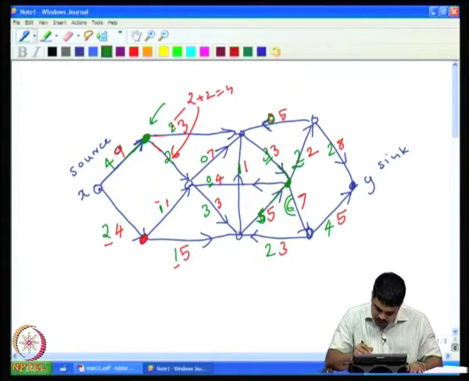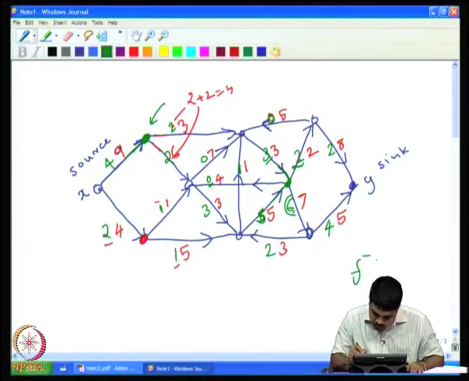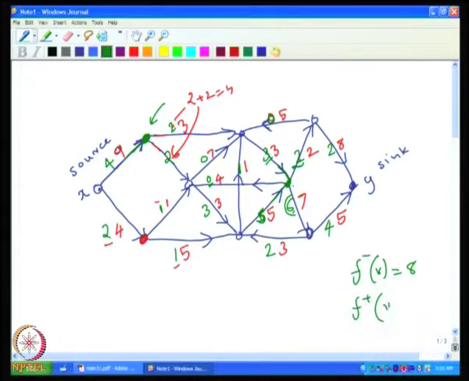So, therefore, on the outgoing arcs, f minus of this particular vertex we say is equal to 8, and f plus of this particular vertex is also 8, 3 plus 5 is 8. So, f minus is equal to f plus here, and for all the intermediate vertices you can verify like that.